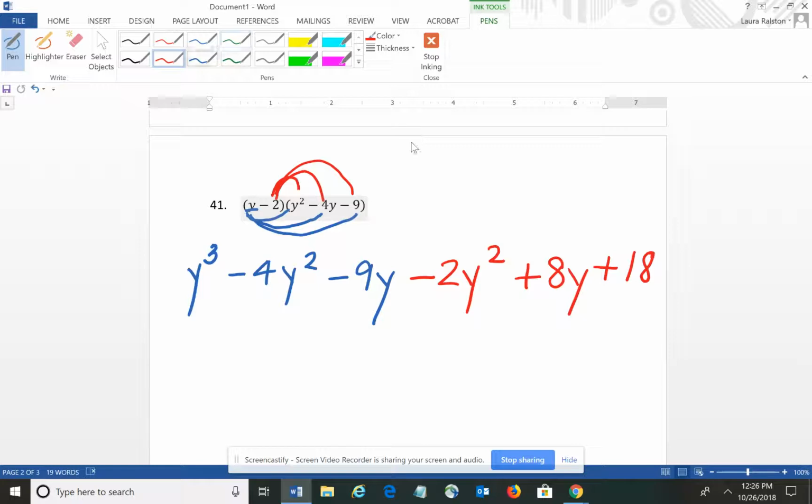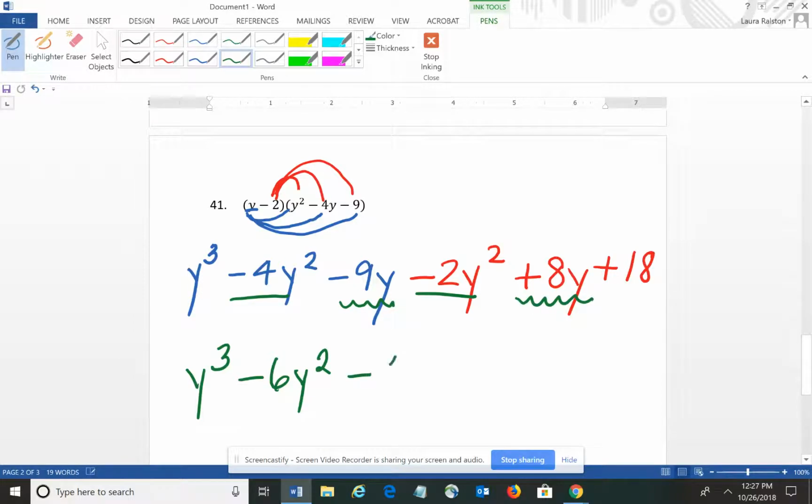And then I'm going to come back and combine like terms. So I have y cubed minus 4y squared minus 2y squared is minus 6y squared. Minus 9y plus 8y is minus 1y. I'm going to write the 1 for emphasis.